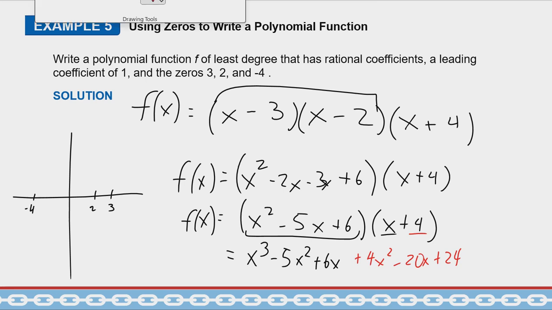Okay, running out of room, going to make it work. f of x equals x to the third, negative 5x squared plus 4x squared, so minus x squared. 6x minus 20x would be minus 14x.